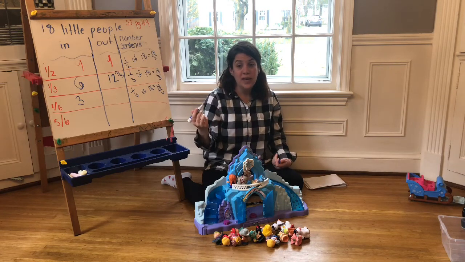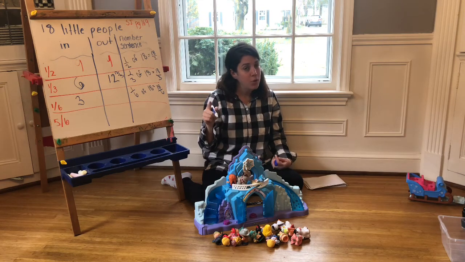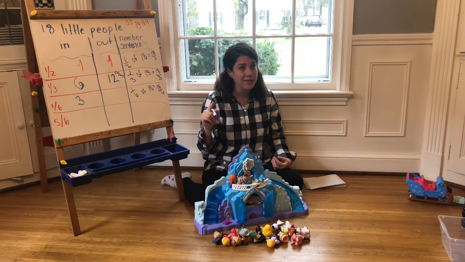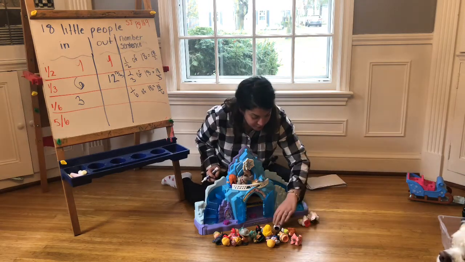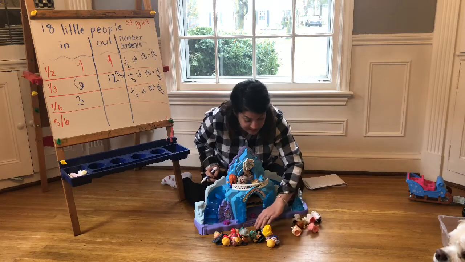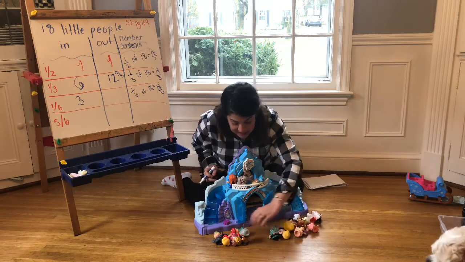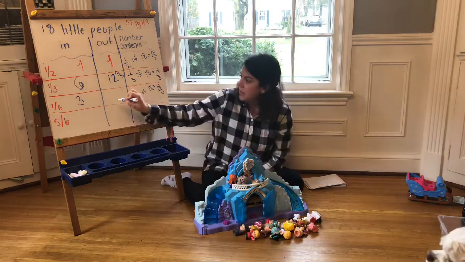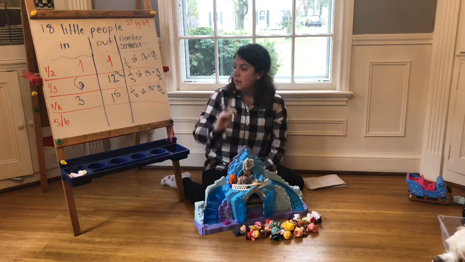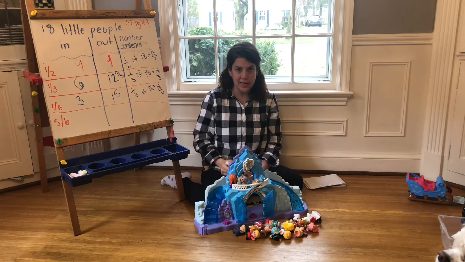I wonder if you can answer that question right now for me. Remember, I can't hear you, but I'm hopefully thinking that you're saying 15. Let's double check. 1, 2, 3, 4, 5, 6, 7, 8, 9, 10, 11, 12, 13, 14, 15. 15 are out of Elsa's castle.